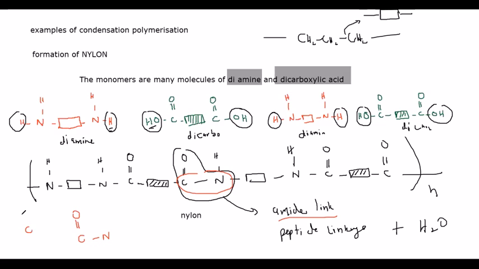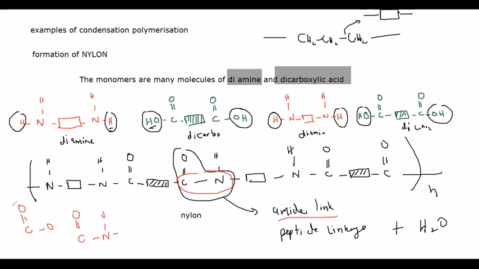If it is connected to oxygen, it is ester. Anything can be connected to nitrogen, but we don't bother about it. Nitrogen can form 3 bonds, so maybe hydrogen is there, maybe any other substance is there, but the linkage is not changed.